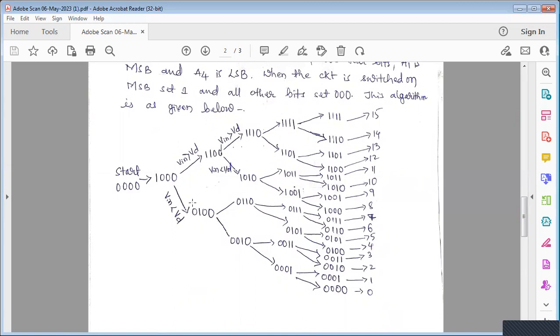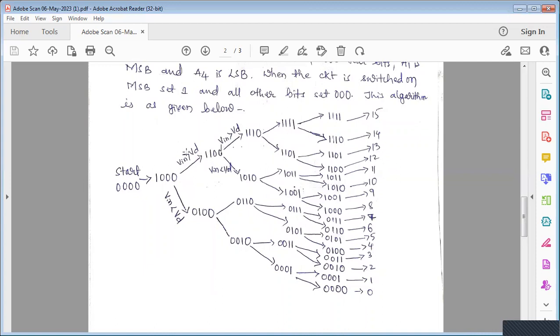Reset means we are making it 0, that means it is switched off. And the next bit is set. The next bit is this second one, the second MSB, so it becomes 1. In this way, we have to check all the bits. And we came here.